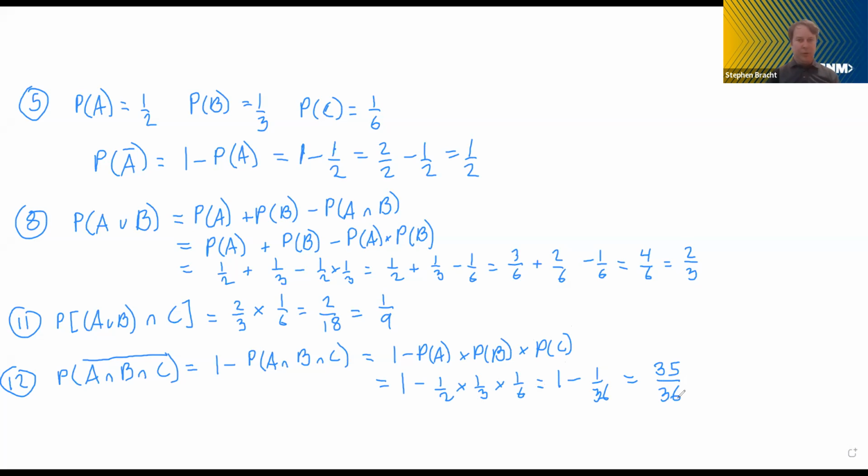So you'll see a few problems similar to these on your homework, and you can all work those out in similar ways as what I did here.